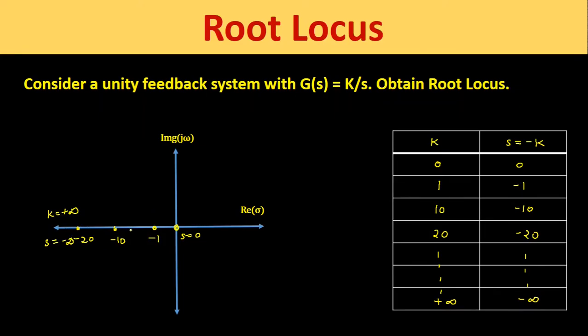So when we join all the points, we will get the desired root locus. That means the root locus of the given system is the negative real axis. So the whole negative real axis is our root locus.